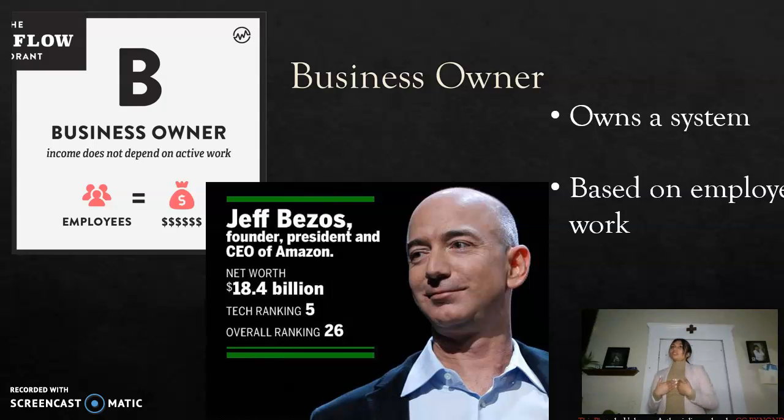If I was a business owner of McDonald's, I would own different McDonald's, right? So I actually get paid based on how many employees work for me. So for example, here, Mr. Jeff Bezos has around 500,000 employees. So you can imagine how much work they get done, and he gets paid most on it, okay?